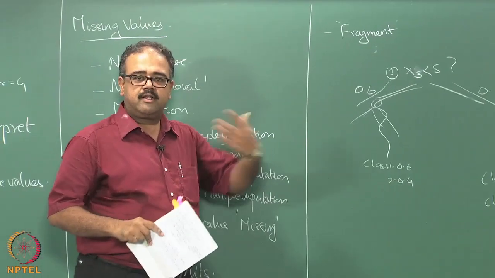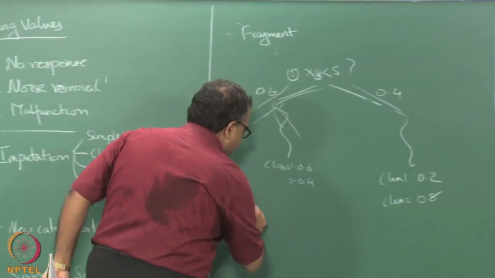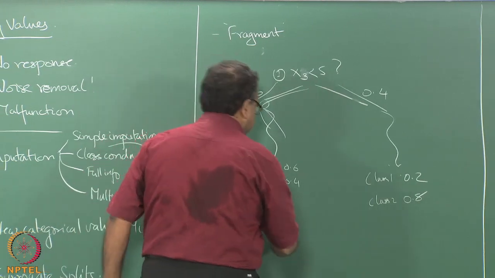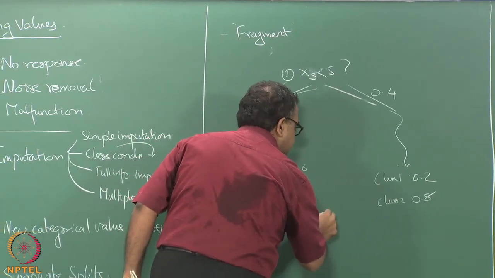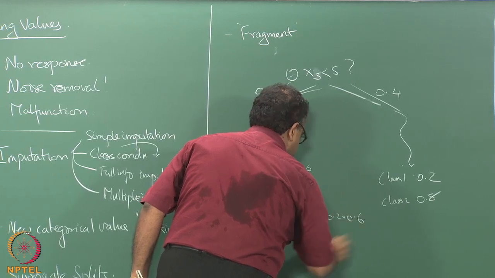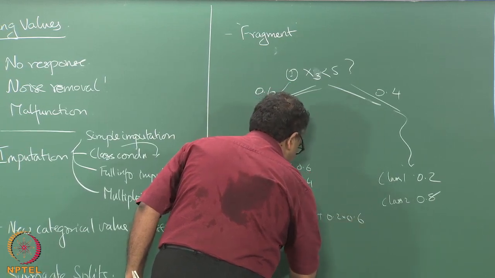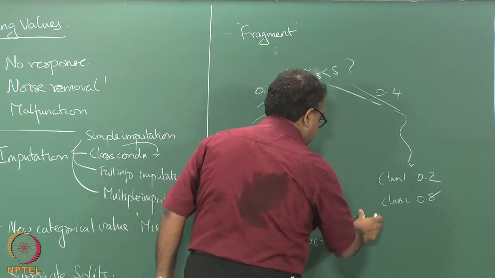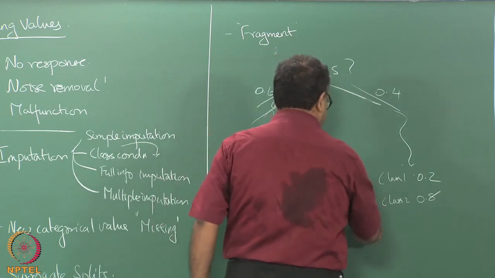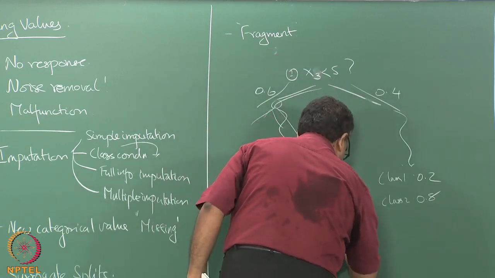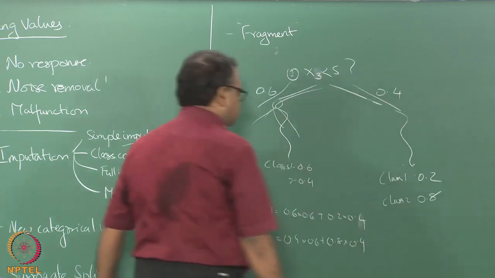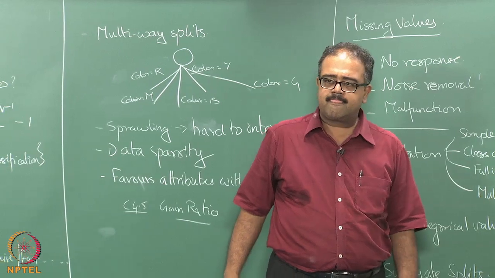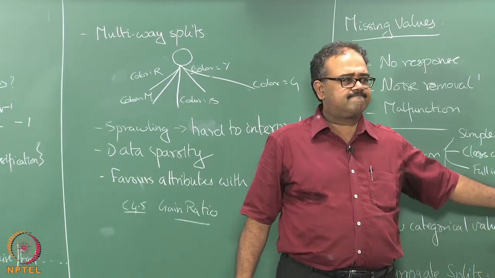So, overall thing that I will report is, okay, the probability of class 1 is the weighted combination. Does that make sense?